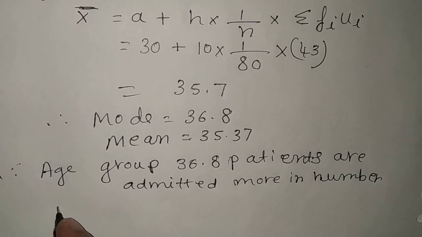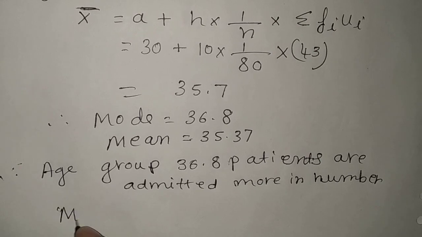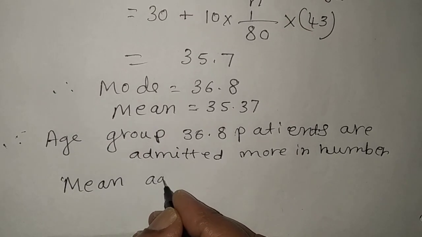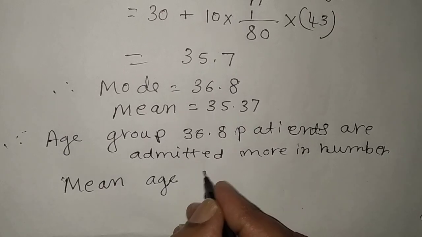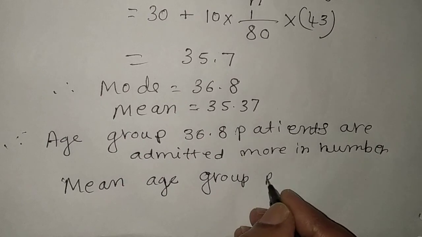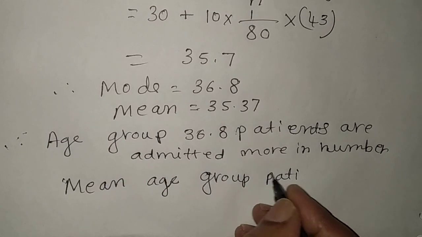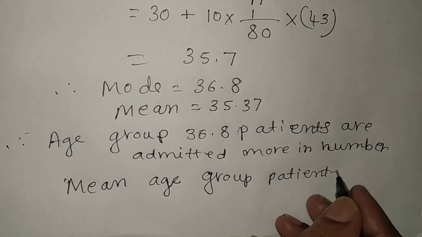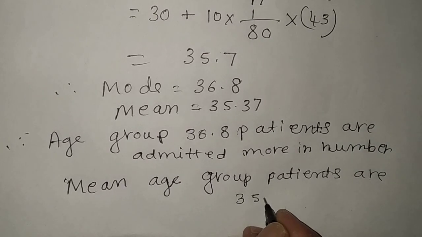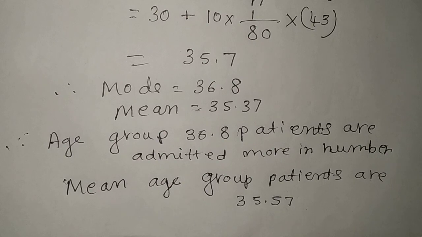So next is mean age group, patients are 35.37.